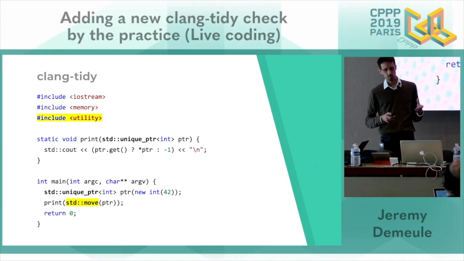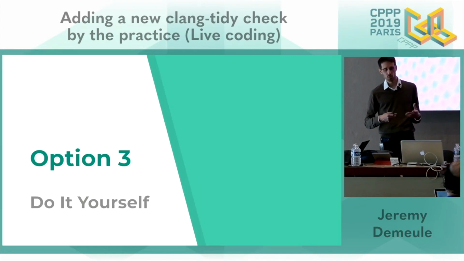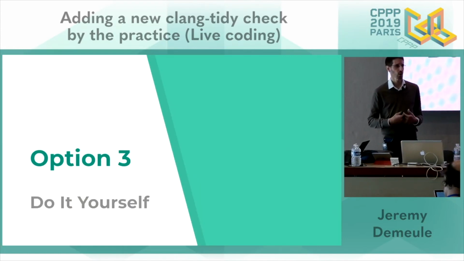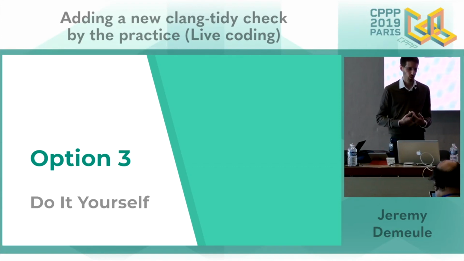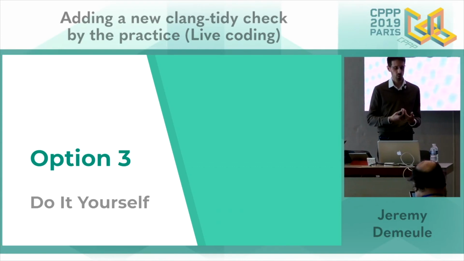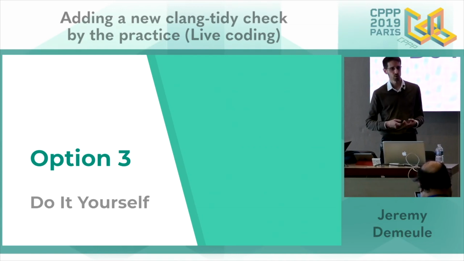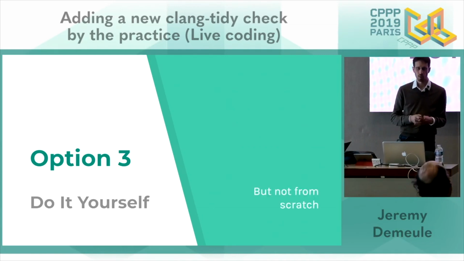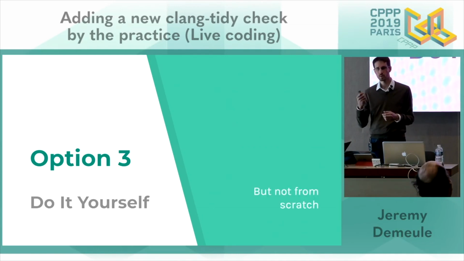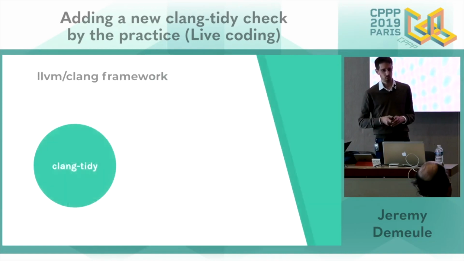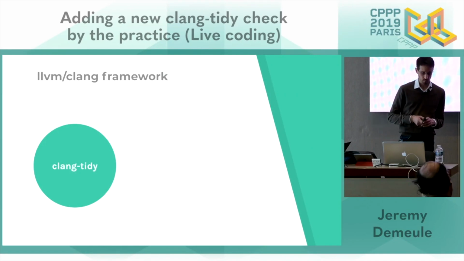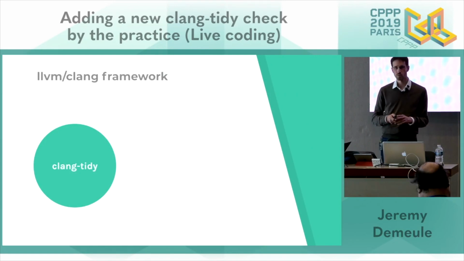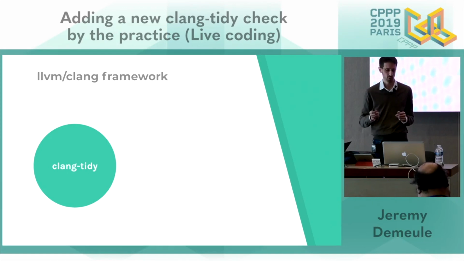Of course, if no tool provides this kind of transformation, we have to do it ourselves. The investment required could be huge, so to lower it, we probably want to extend an existing tool. And this tool is probably clang-tidy. Clang-tidy is a C++ linter.